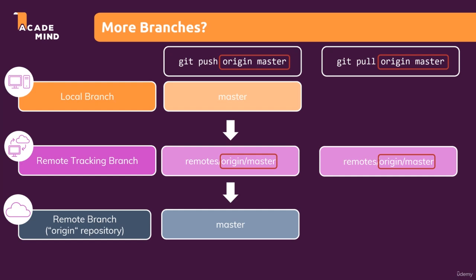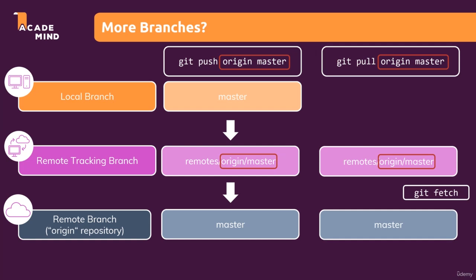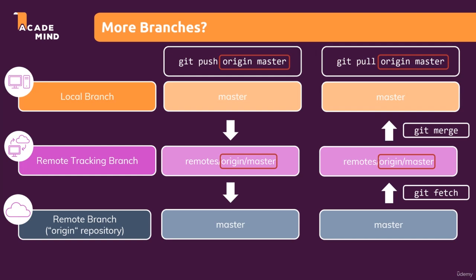This means internally Git understands that we should update this remote tracking branch with the git fetch command. Git pull is just a combination of git fetch and git merge. So we first say fetch the latest changes from our remote master branch and add these changes to the remote tracking branch. And then, that's the second step of git pull, merge these changes into our local master branch.